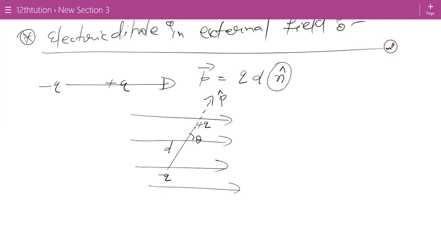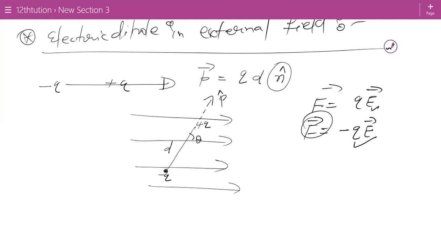As I said, the force can be written as QE vector, right? If it is a positive charge, then the force will be in the direction of the electric field. If it is a negative charge, then you have to write negative QE, so the direction of force will be opposite to the electric field.